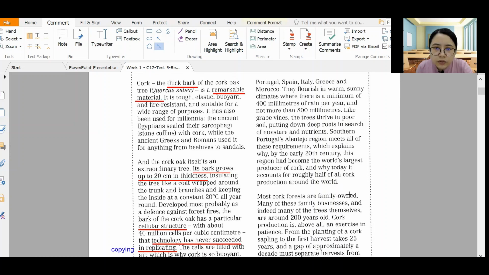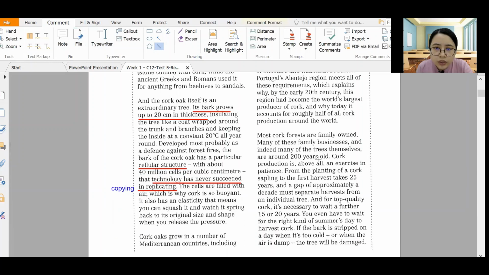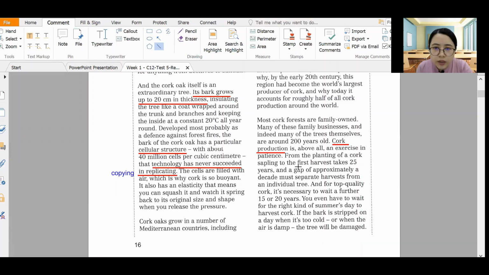Okay, so cork production should be somewhere here. An exercise in patience. So it talks about the first harvest here, 25 years, then a gap of about a decade, that means 10 years, between separate harvests from an individual tree.